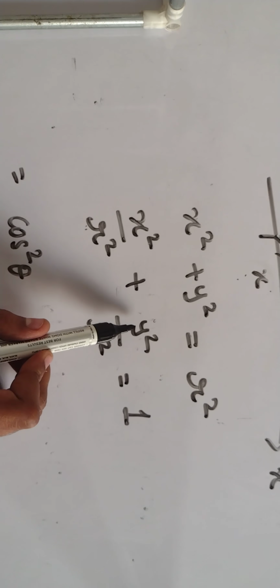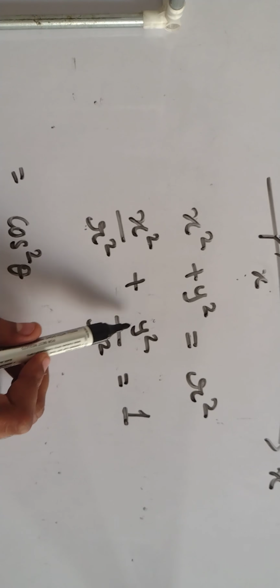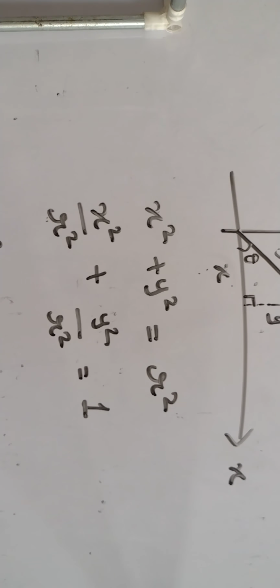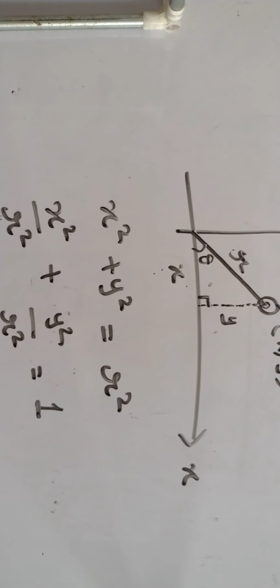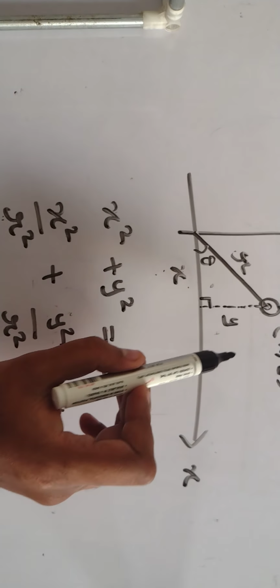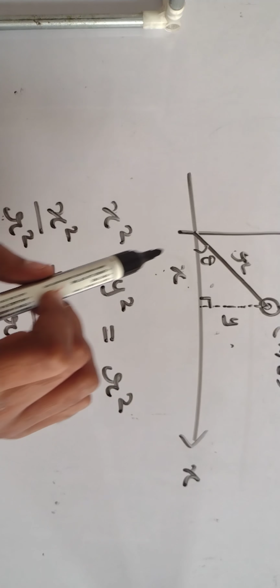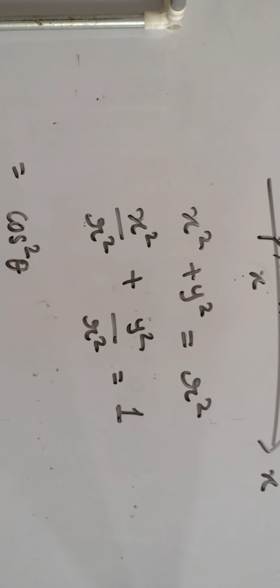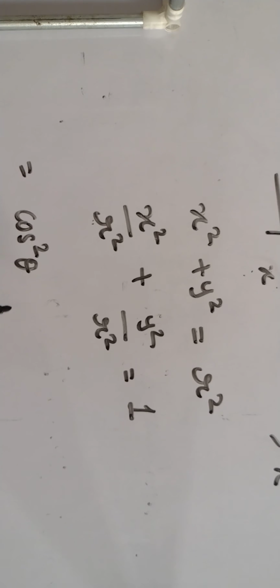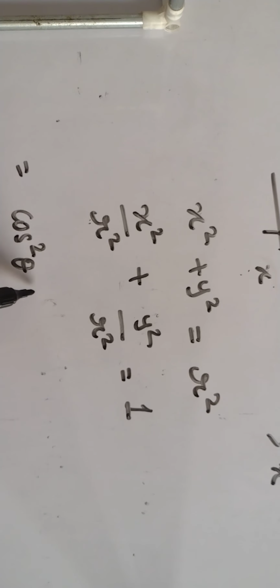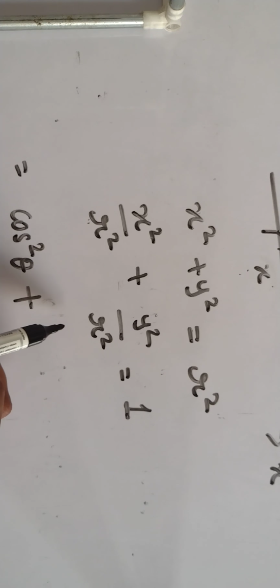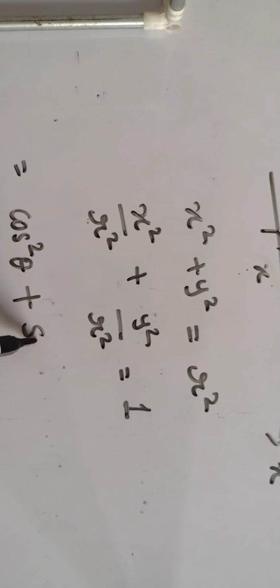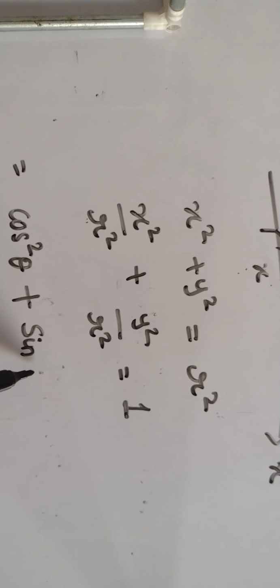Now this is y and this is r. So tell me, y upon r, y is which side? Opposite side, and r is again the hypotenuse. Here there is a plus sign, so I can continue with the plus sign. y upon r is sin theta because it's opposite upon hypotenuse.